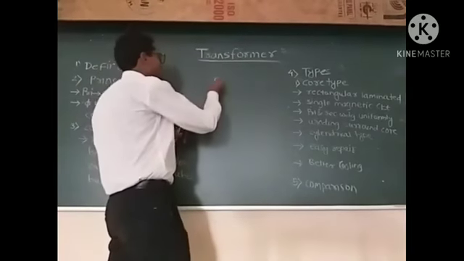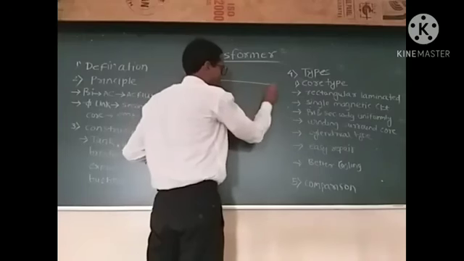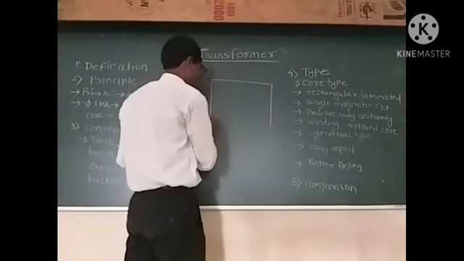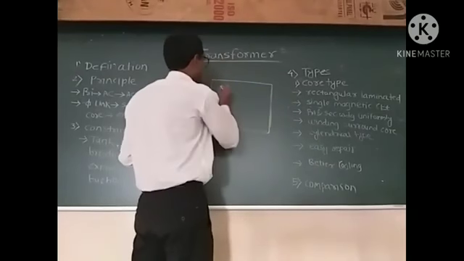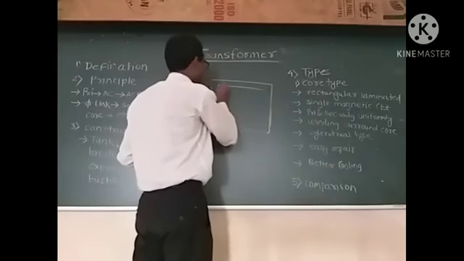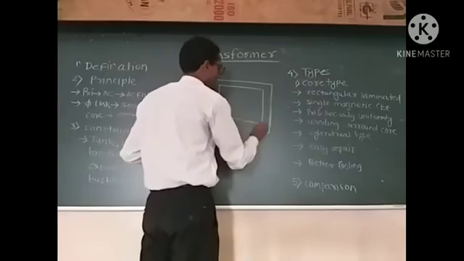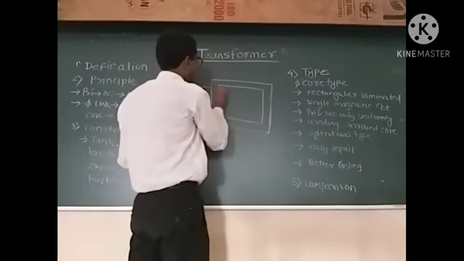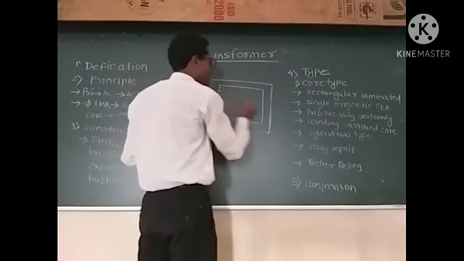So we draw here the circuit diagram of the core type of transformer. This core type of transformer has two yokes and two limbs, and both windings are wound on the side limbs of the core.